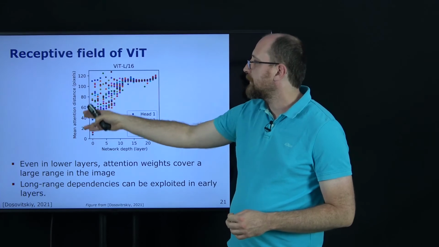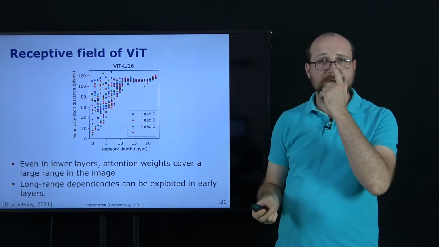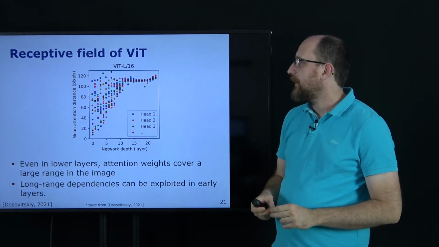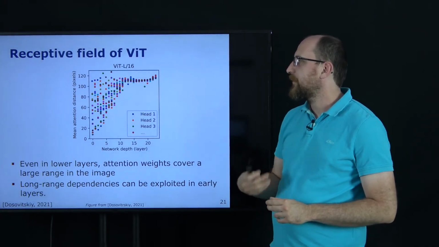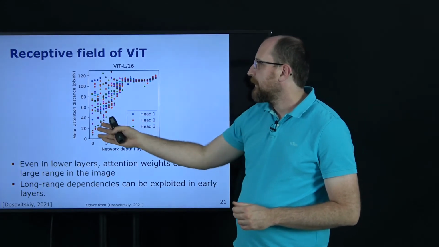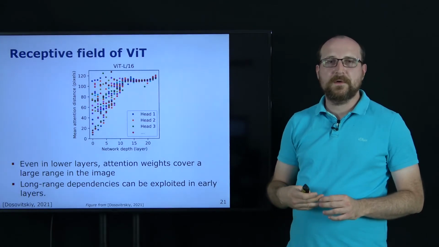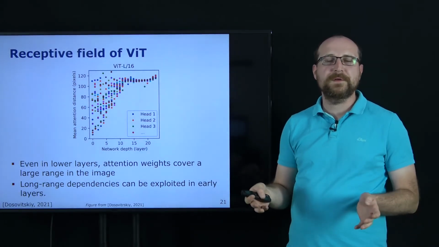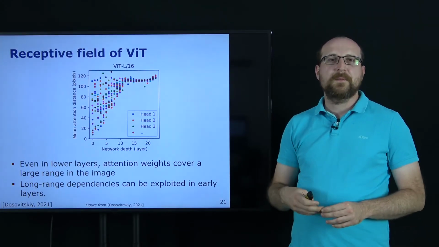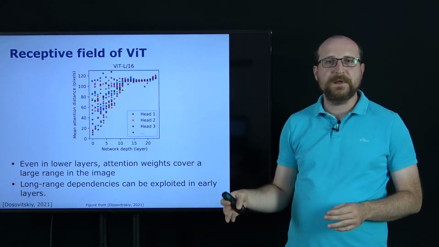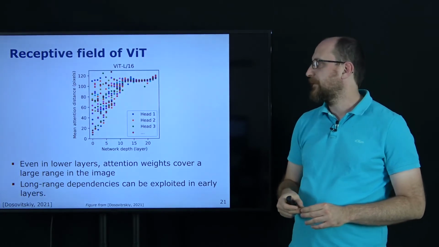And as you can see, already in the earlier layers there are heads that attend to very far away patches. Therefore the property that emerges here is that the transformer has the capability to use long-range dependencies already in earlier layers. In convolutional neural networks, as you remember, we can only achieve this by having very deep layers where the receptive field of the convolution takes care of these long-range dependencies.